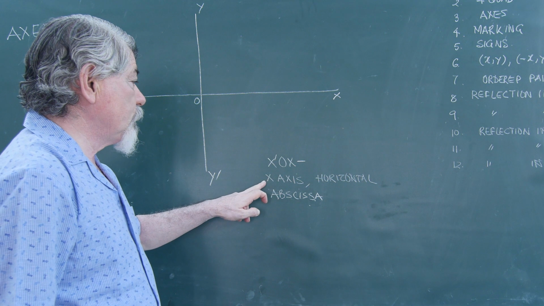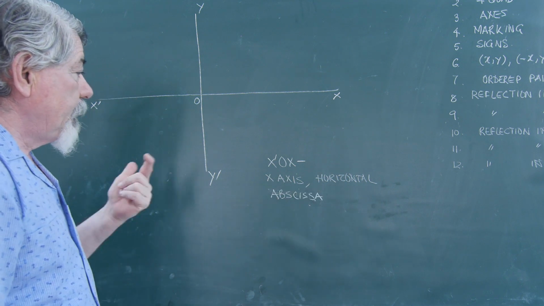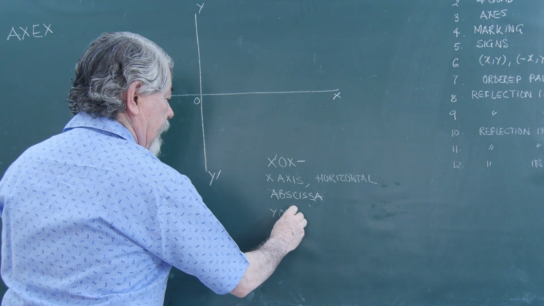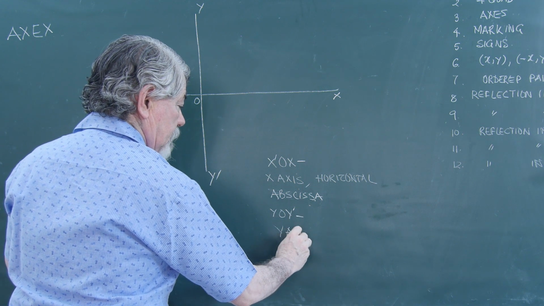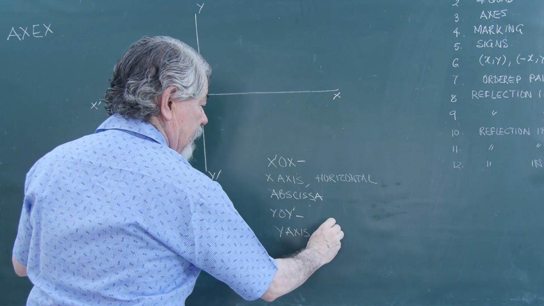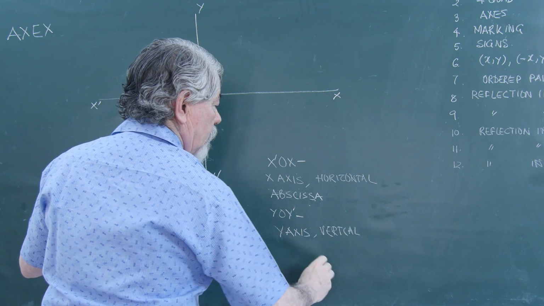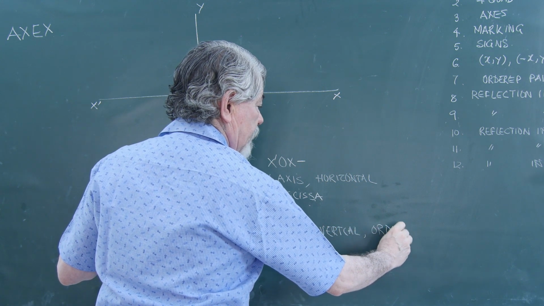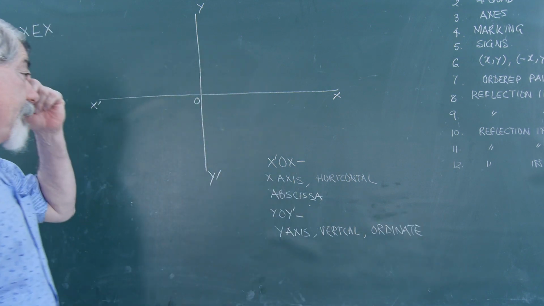X dash OX is called x-axis, the horizontal line. It is also called abscissa. YOY dash is y-axis. It is also called the vertical line, or it is also called the ordinate axis.